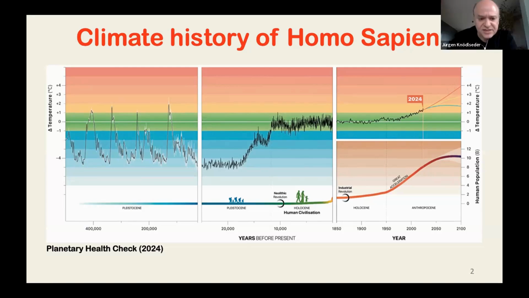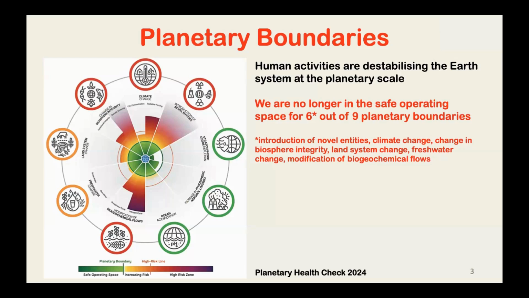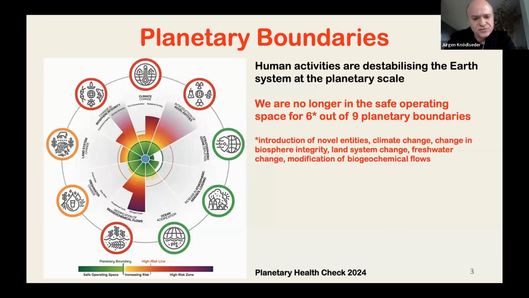When scientists looked into what you need to stabilize the Earth system, they found 9 different areas to watch. And in 6 out of 9 of these areas, we are already moving out of the stable region. This is what is called the planetary boundary framework.